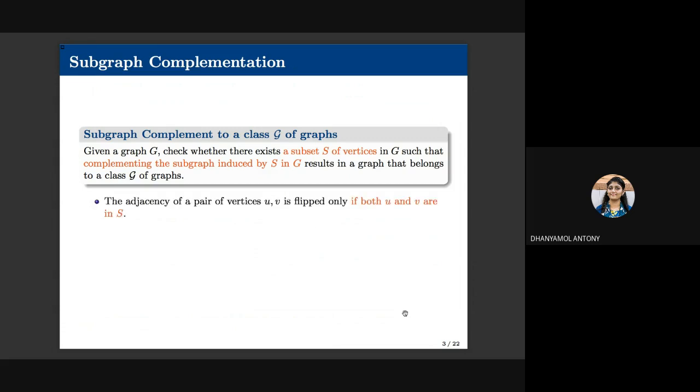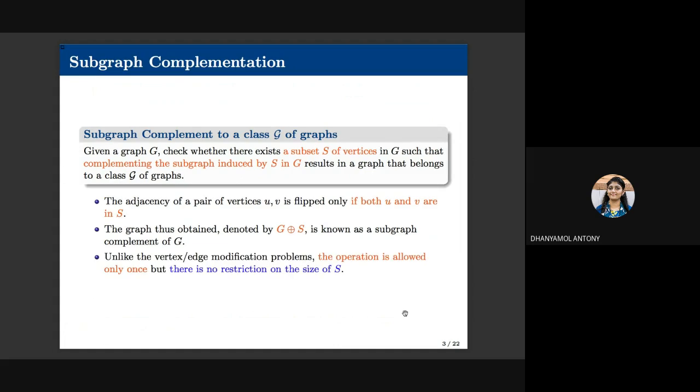That is, the adjacency of a pair of vertices U and V in G is flipped only when both U and V are in S. The resultant graph is known as a subgraph complement of G and is denoted by G⊕S. Unlike the vertex or edge modification problems, the operation is allowed only once. That is, we can apply the complementation only once, but there is no restriction on the size of the set S.